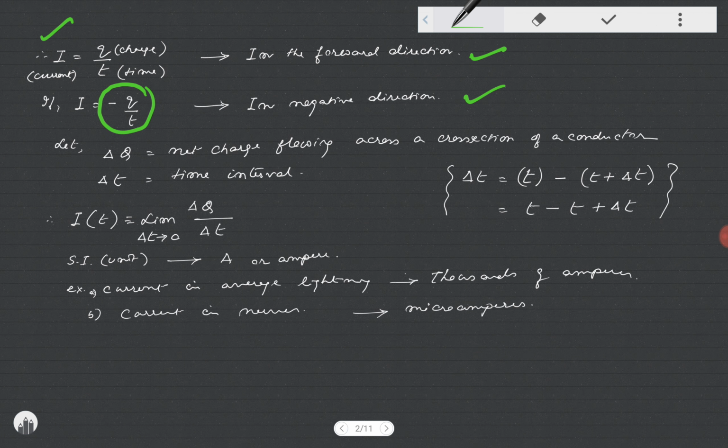Now let delta q be the net charge flowing across the cross section of the conductor.